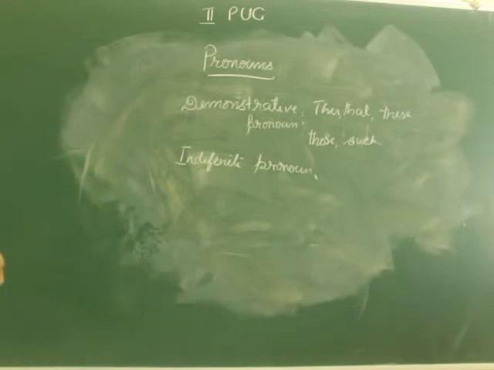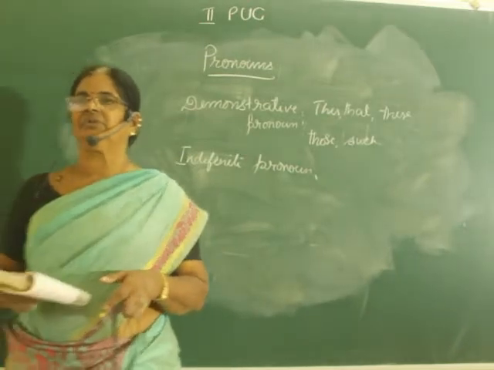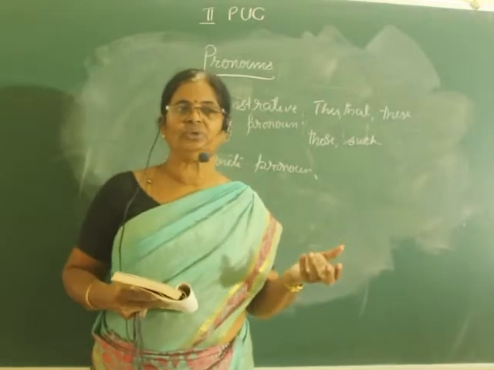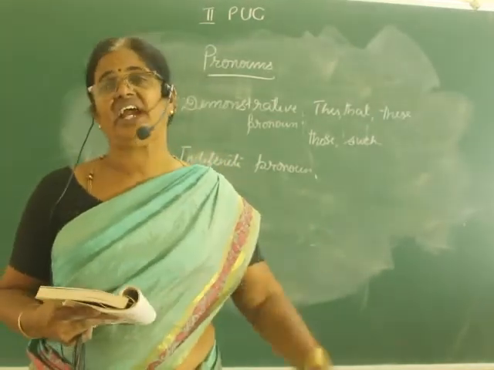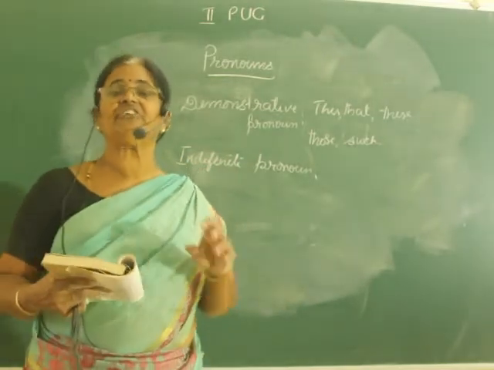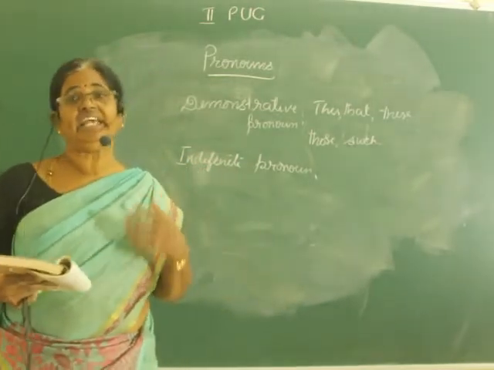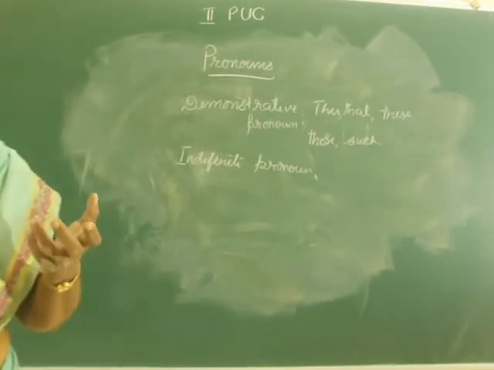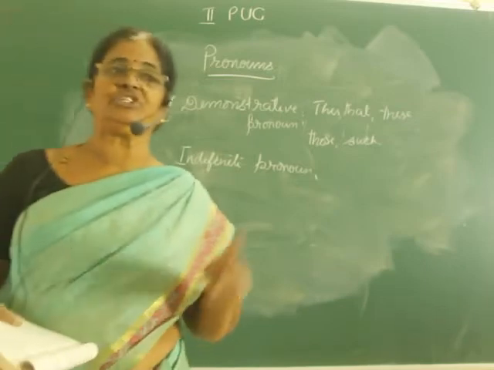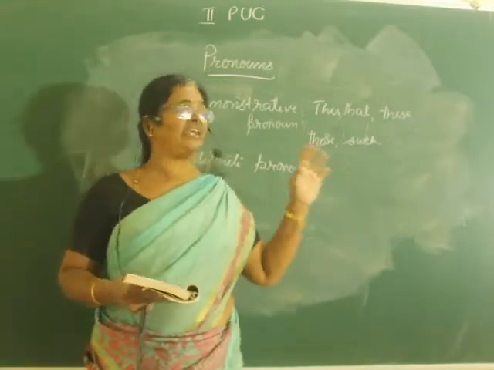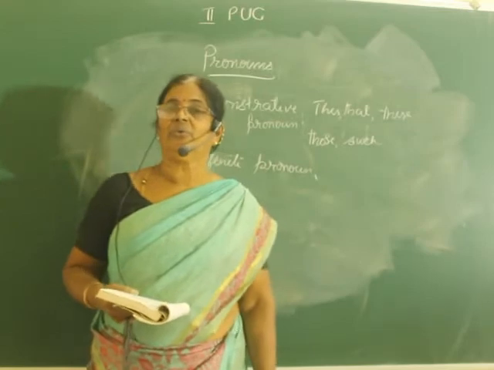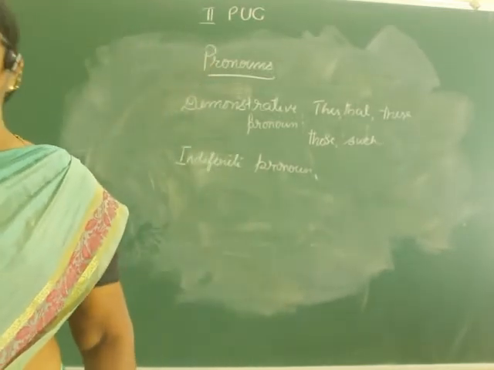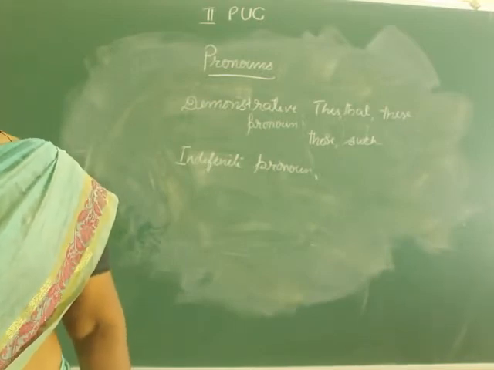For example, one does not know which medicine he had to take. That means here one means any person, indefinite. One should be very careful while riding a vehicle. Here one is a number, of course, but it's a pronoun also.